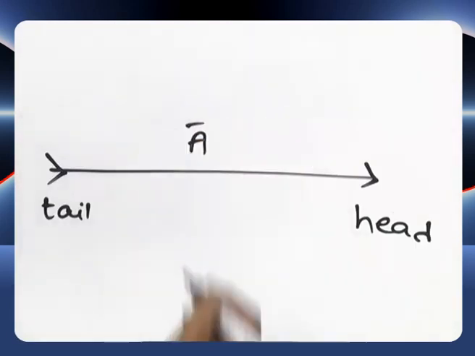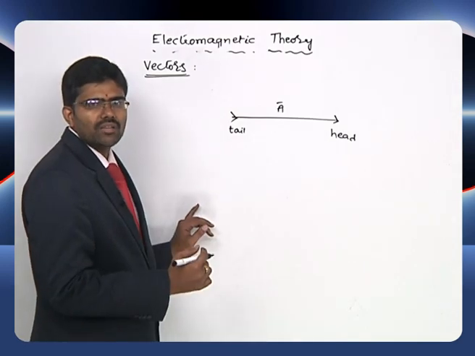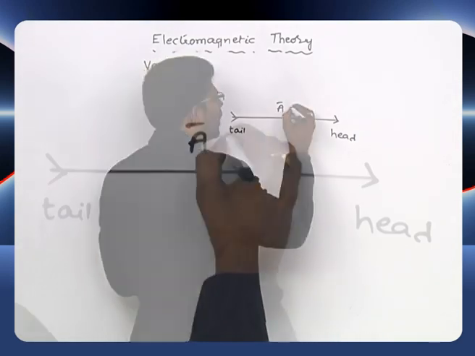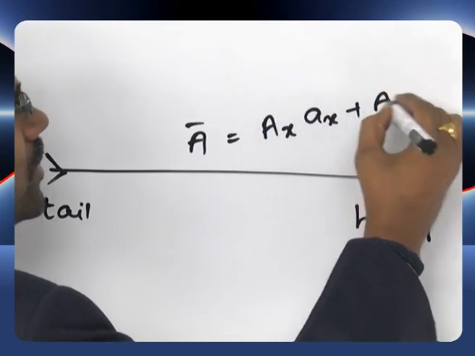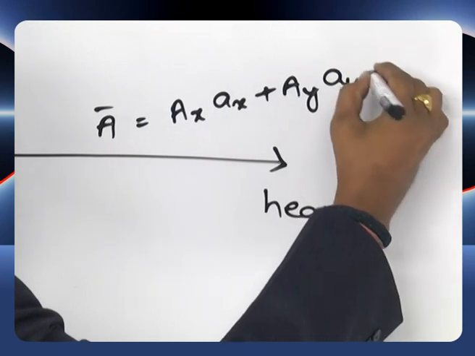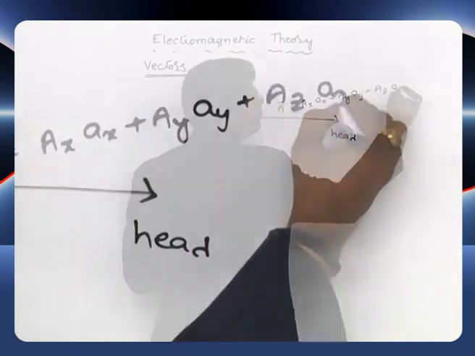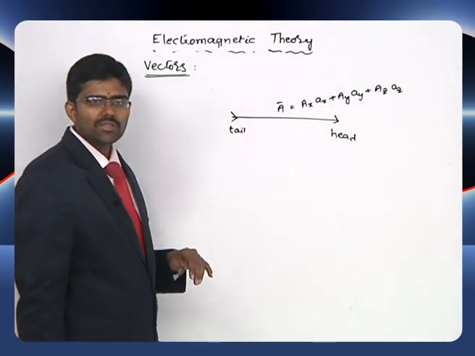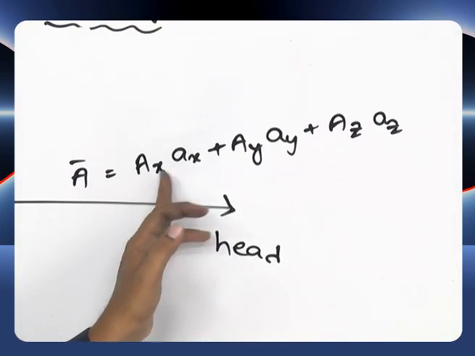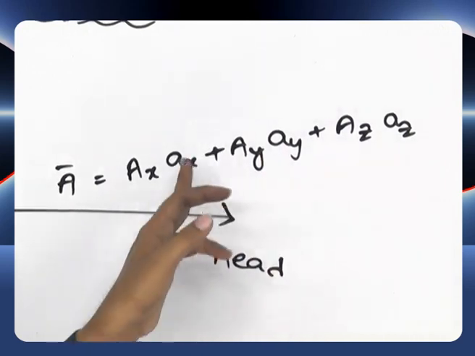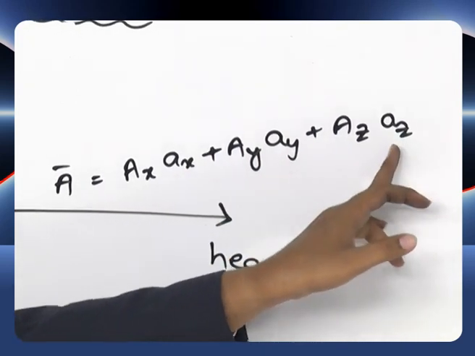Let us take an example. A bar is a vector given in the rectangular coordinate system. As already discussed, this can be written as Ax ax plus Ay ay plus Az az. That is, the vector A can be written with the components Ax, Ay, Az in the directions of x, y, z.